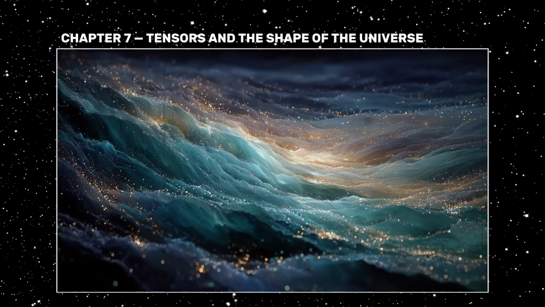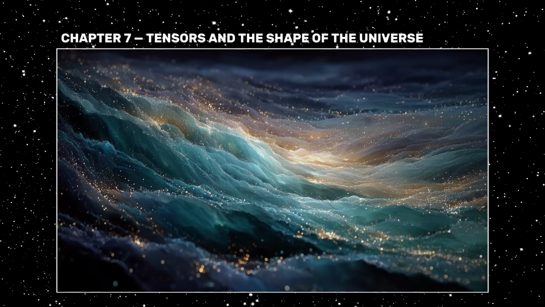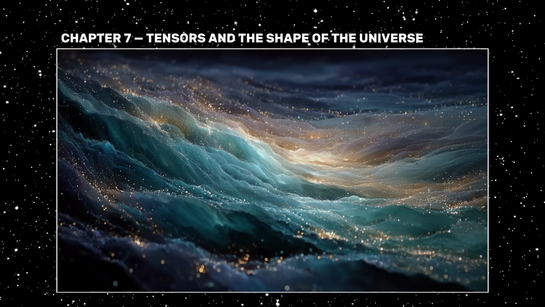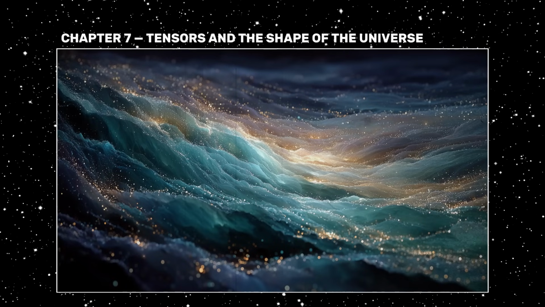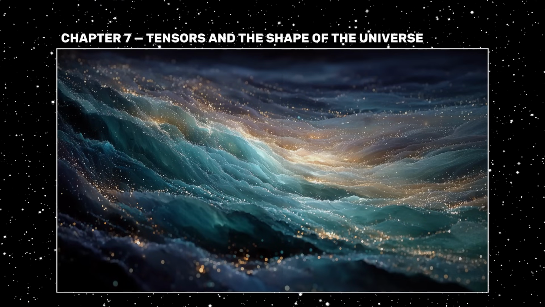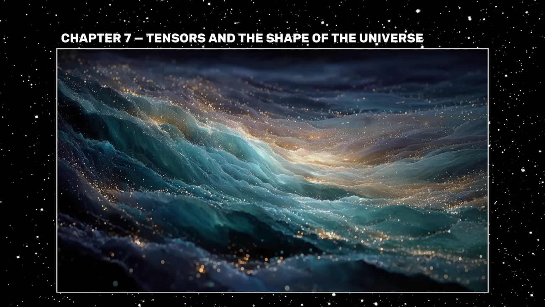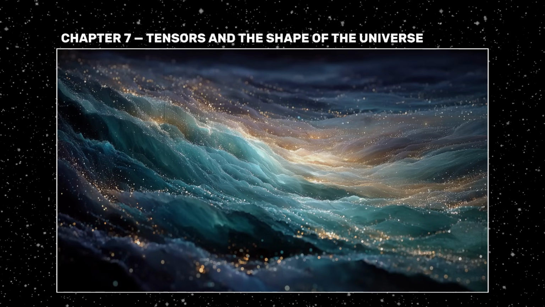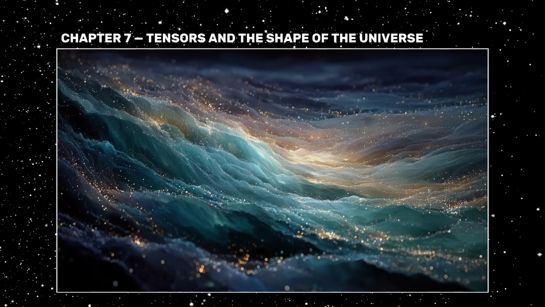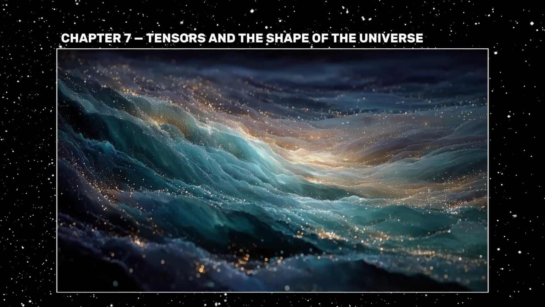They reveal that we are not separate from the universe's shape, but part of it. Living beings carried within its curvature, moving along geodesics set by the cosmos itself. To know the universe's shape is, in some small way, to know ourselves, patterns of matter tracing the vast geometry of existence.